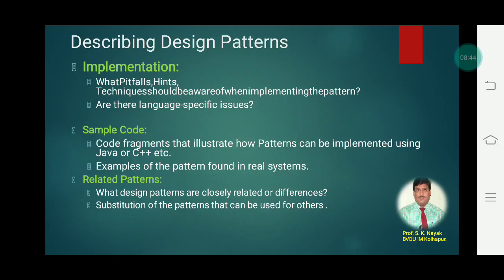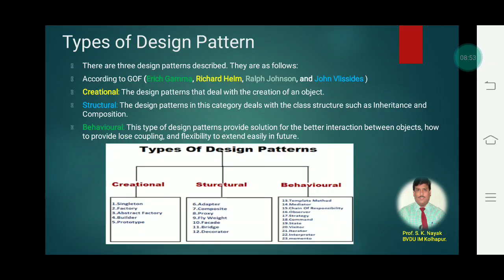So now these patterns can be used by describing all these elements which we have already discussed. Next we'll see the different types of design patterns according to the Gang of Four. There are three main categories of design pattern: creational, structural, and behavioral. These categories have 23 design patterns according to GOF.